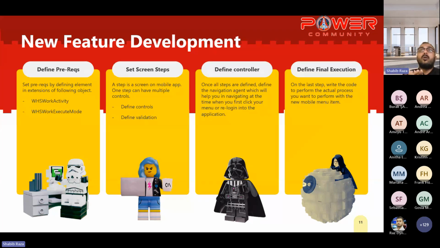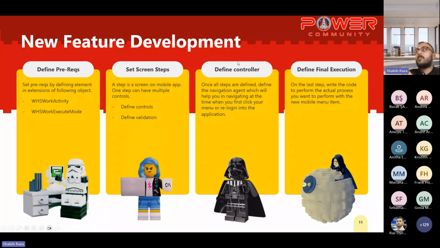You need to define all of these things in each step. So before going into the development, you must know how many steps there will be, what the names of those steps are, and how many controls you will have against each step.